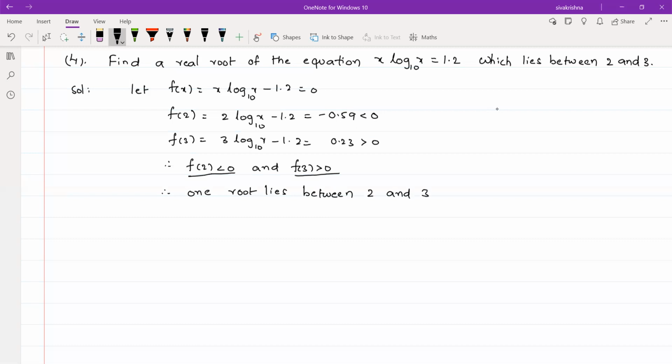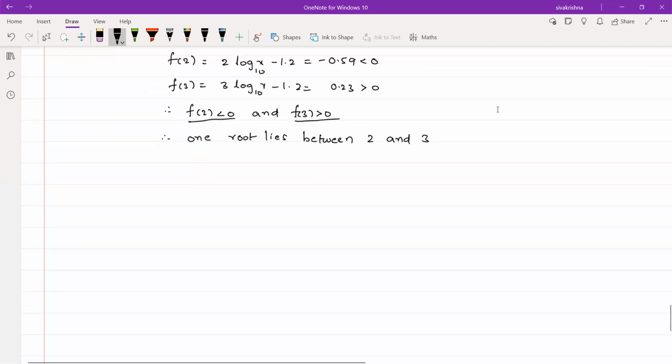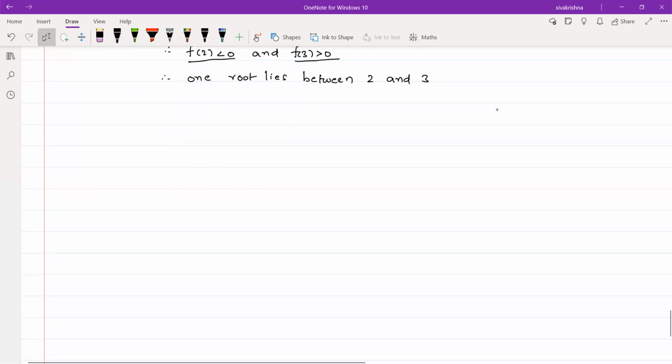Now we have to find the approximations. If we want to find the approximations, we require two numbers with opposite signs. Here we are having two distinct numbers with opposite signs, one is f of 2 and the second one is f of 3. Now we can calculate the first approximation.